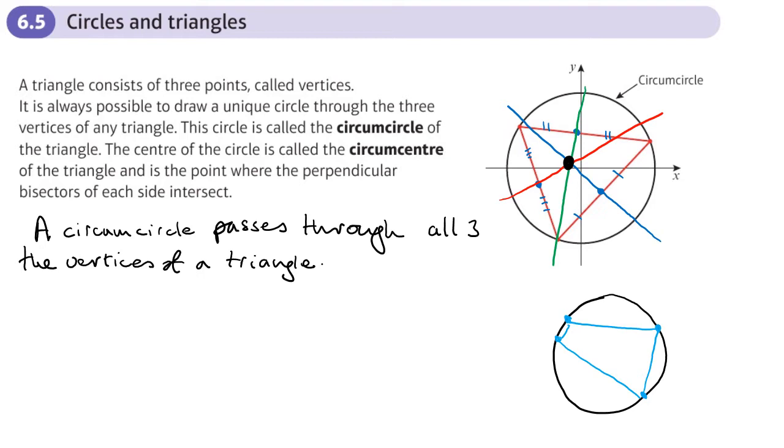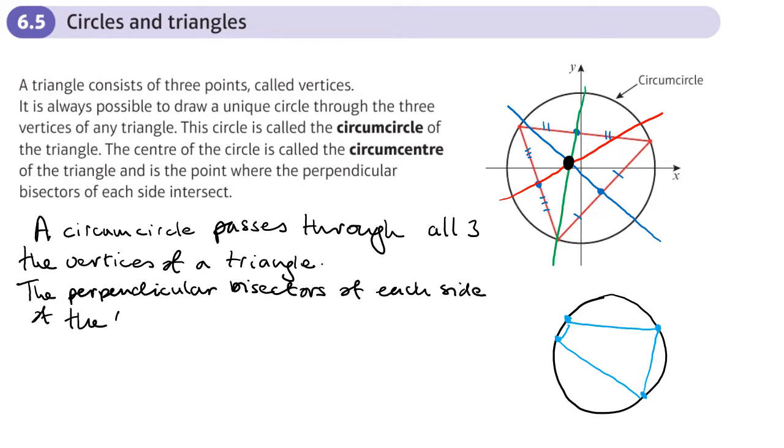Okay, so the perpendicular bisectors of each side of the triangle. In fact, each side of the triangle forms a chord of the circle.